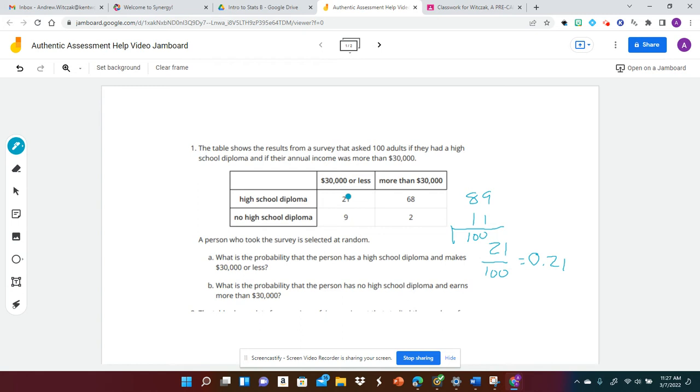Now, what is the probability that a person has no high school diploma and earns more than $30,000? The number of people in that situation is 2 out of 100. And if I move that decimal 2 spots and put in a 0, that gives us 2% or 0.02.